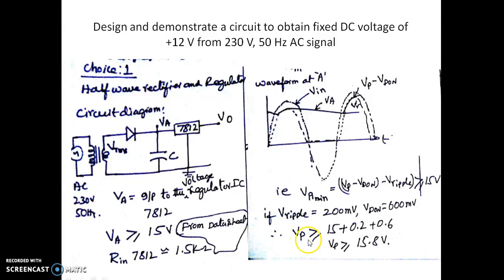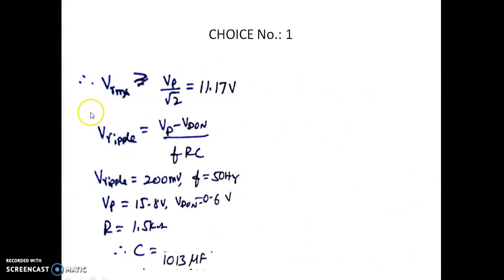With the specification that Vp should be greater than or equal to 15.8, VRMS should be greater than or equal to Vpeak divided by root 2, which happens to be 11.17 volts. So the transformer RMS rating should be greater than or equal to 11.17 volt.